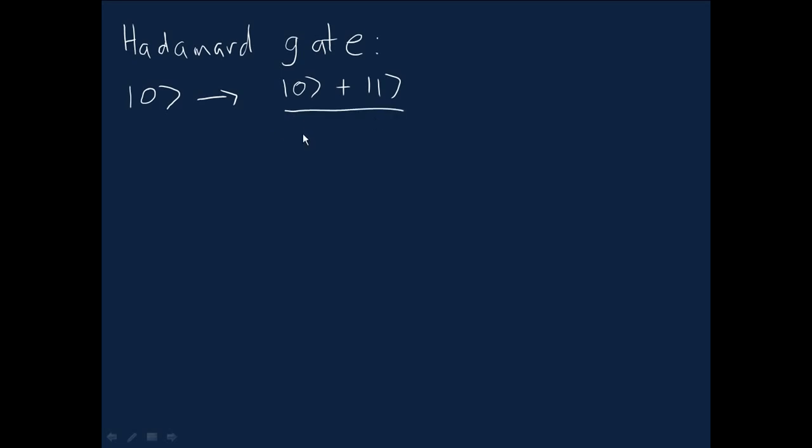Well, like with the NOT gate, we're going to start by explaining what the action is on the computational basis states, and in particular it takes the zero state to the superposition 0 plus 1 over root 2, so the amplitudes for both the 0 and the 1 state are 1 over root 2, and it takes the 1 state to 0 minus 1 over root 2.